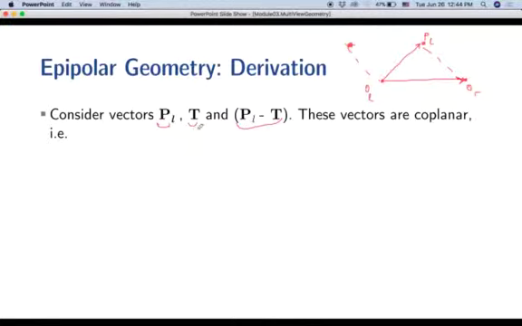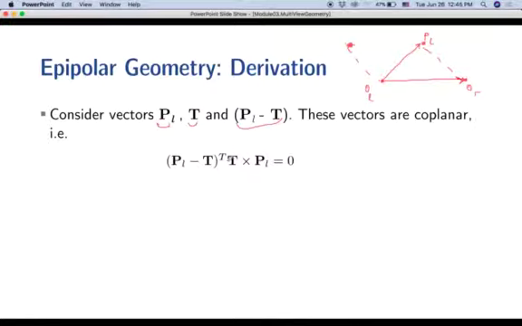Okay, if they are coplanar, I can write this relationship. What is this relationship? I took the first two of them, T and Pl, and I took their cross product. So their cross product must be orthogonal to this plane. It must be the normal of that plane.